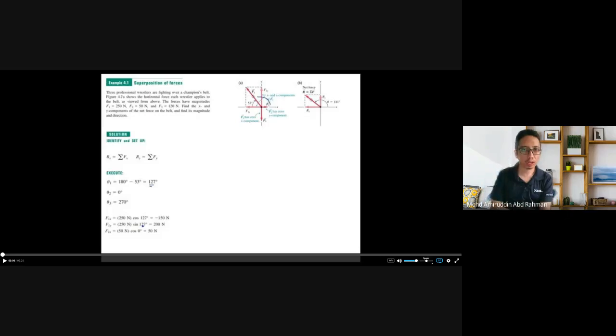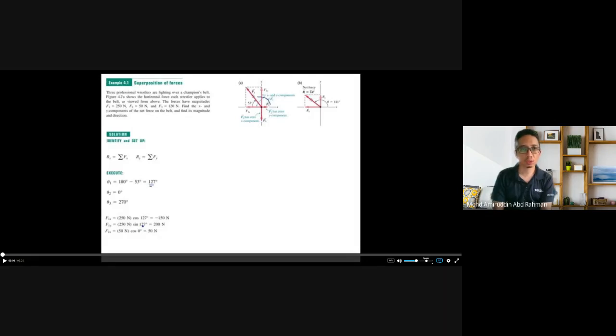For F2 and F3, we don't have a problem because each is along a single direction. F2 will be in the x direction with no y component, and F3 is in the y direction, so we have no x component. We are already given the magnitudes of the forces: F1 is 250, F2 is 50, and F3 is 120.